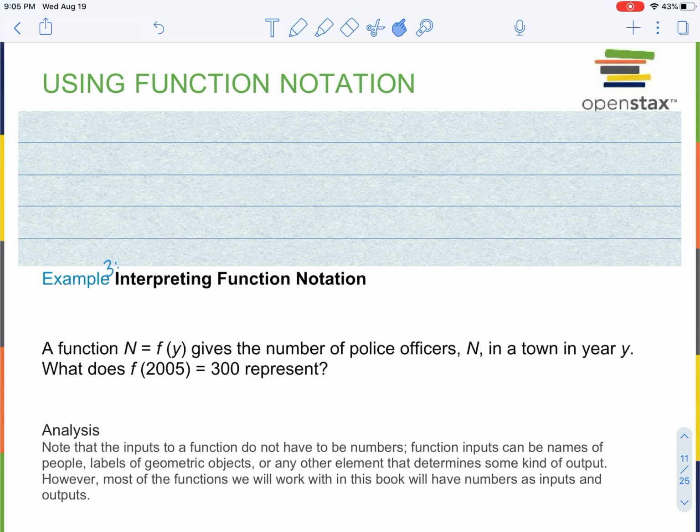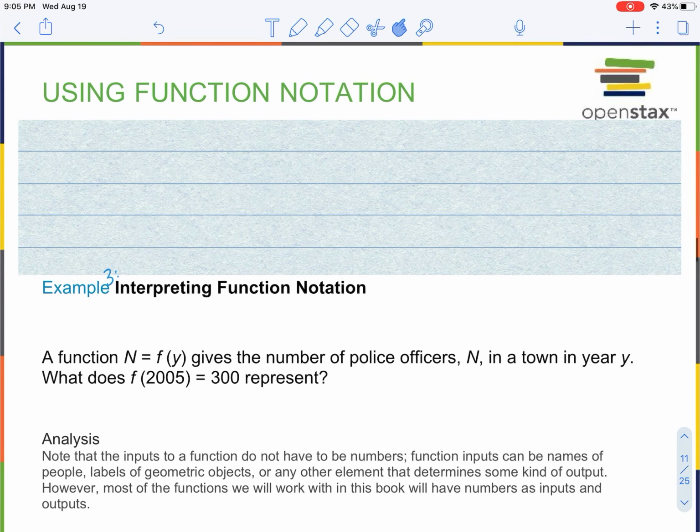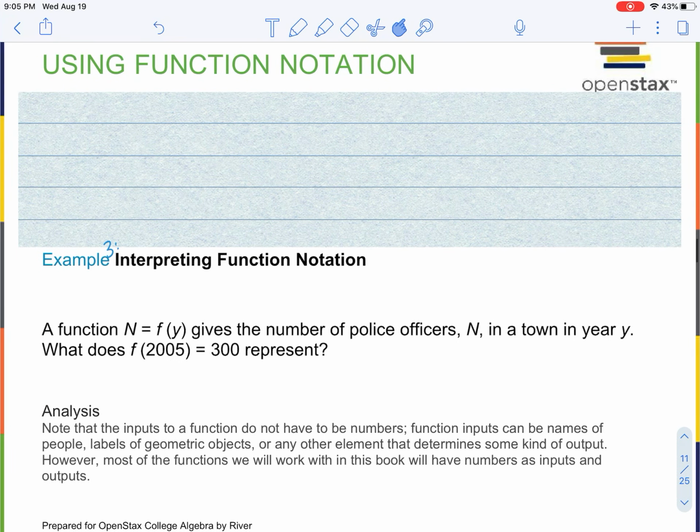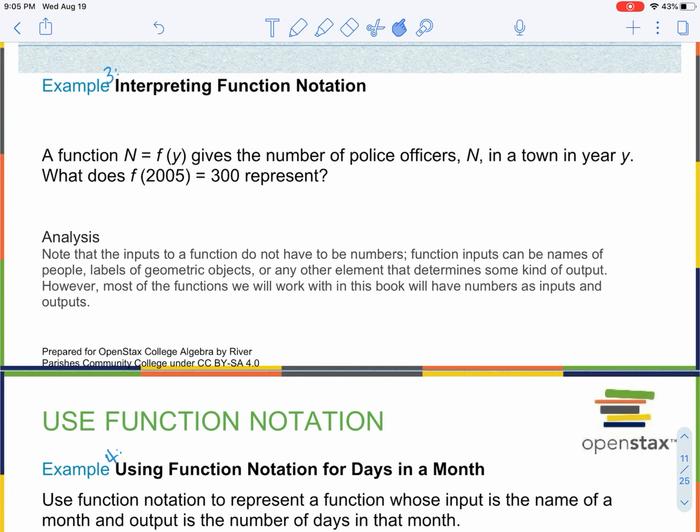So let's see. If we have example 3, a function n equals f of y gives the number of police officers in a town in year y. What does f of 2005 equals 300 represent?